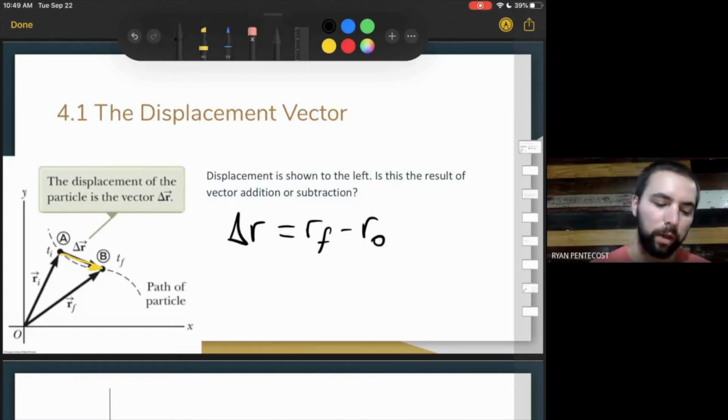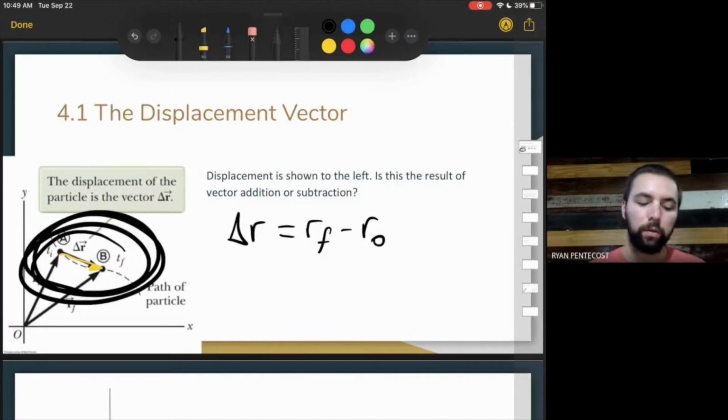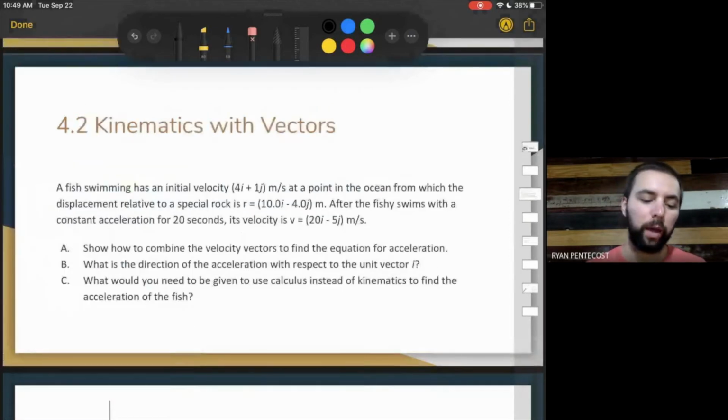That is how you can get a vector that looks like this. If you do addition, you're going to get a very large vector. And if you do the subtraction the other way, your vector will be going the wrong direction. So this is how you can get a displacement vector. It's doing vector subtraction.